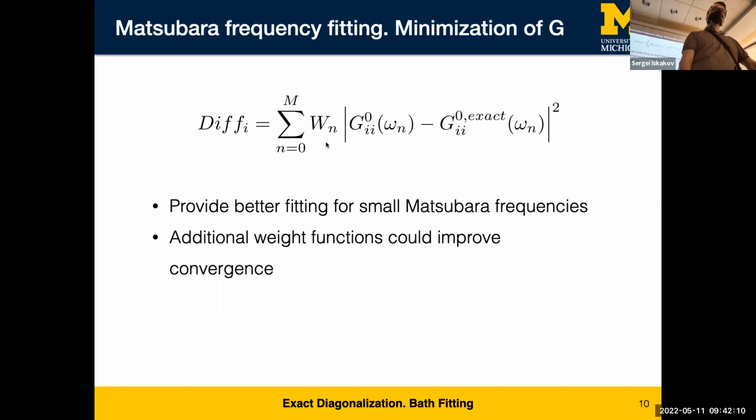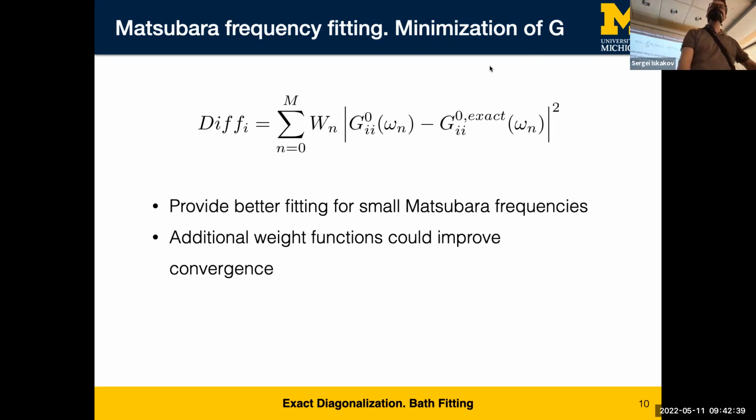If you properly choose the W, you can actually improve your fitting for the low frequency part or for the high frequency part, depending on how you choose your W. If you're more interested in the high frequency part, usually 1 will be fine for that. Or you can even add some function of omega that forces you to focus on the asymptotic behavior.